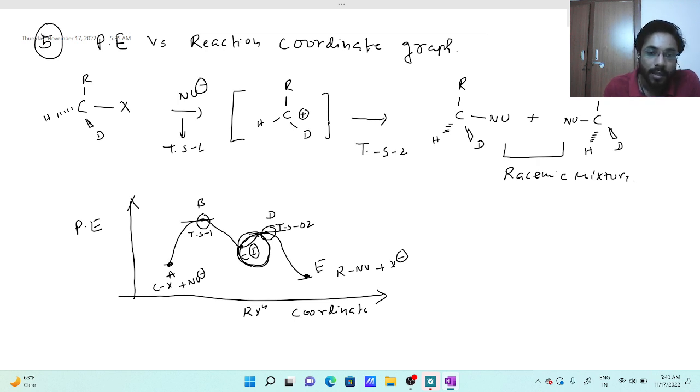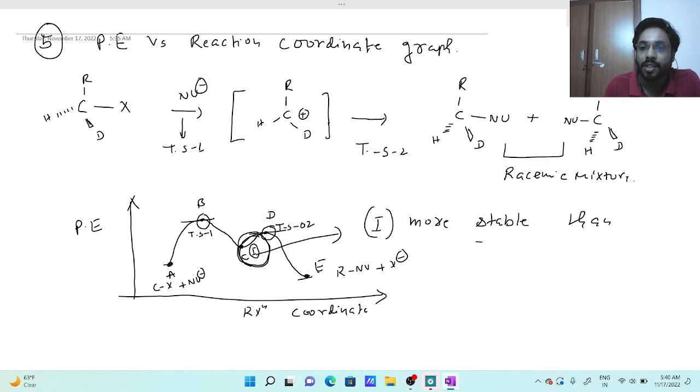In the potential energy and reaction coordinate graph, the energy of the intermediate is less, which means this intermediate is more stable than transition state 1 and transition state 2. This intermediate is more stable than TS1 and TS2. Is it fine?